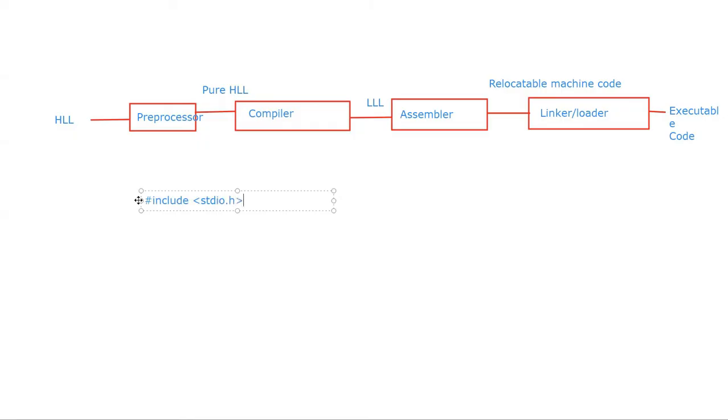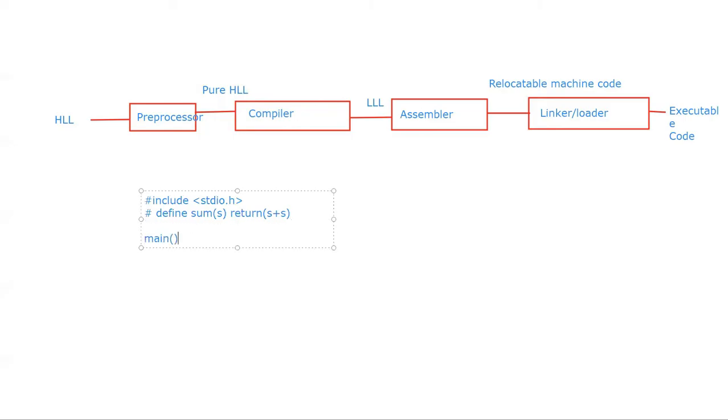After this, suppose I have written one more preprocessor directive, #define, and I have defined a macro S, and the definition is S plus S. This is the macro that I have written in the program, and after that my main program starts.